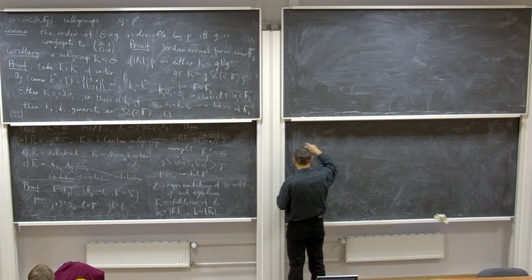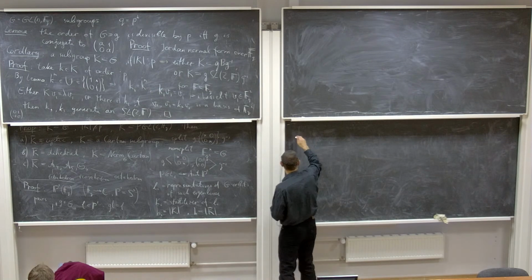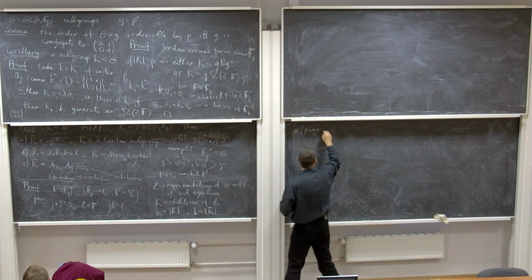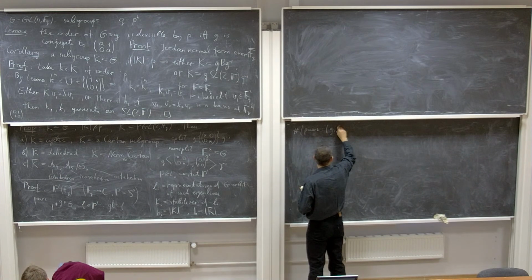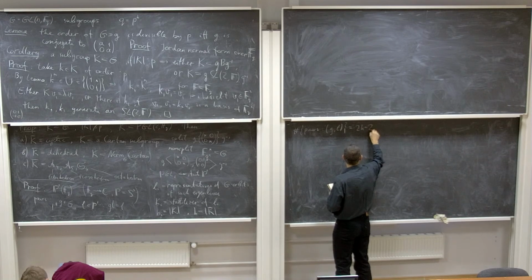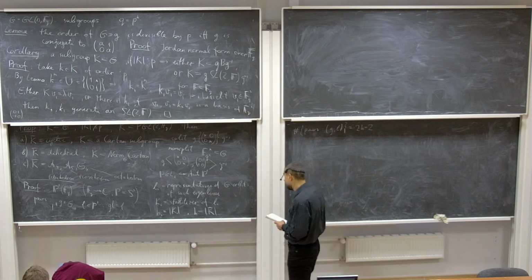Okay. So the number of pairs g and L is 2H minus 2. Why?